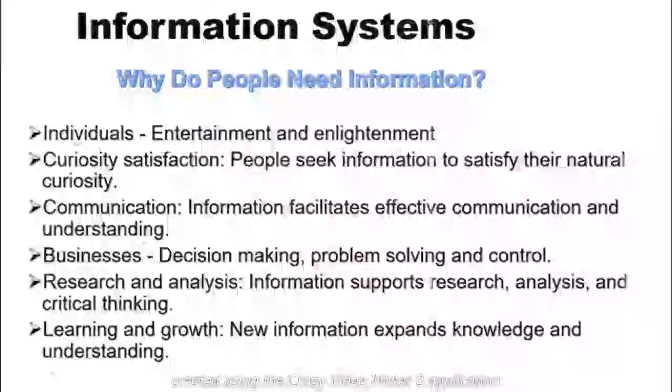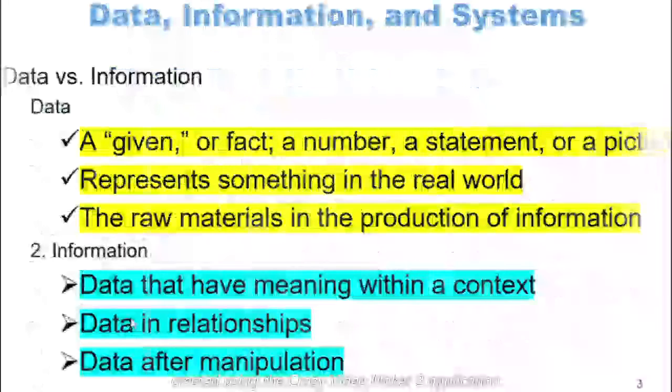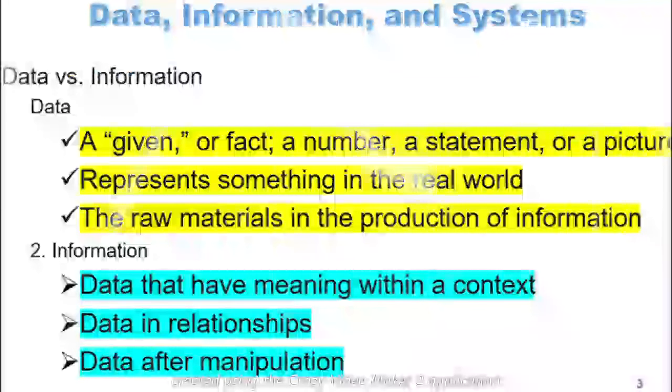So we'll go by data, information, and system. In this aspect, we'll look at what is data, what is information, and what is their relationship. That is data versus information. We'll go to data. Some scholars say data is a given or fact, a number, a statement, or a picture.